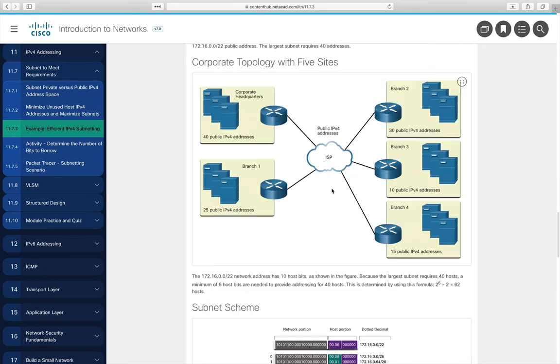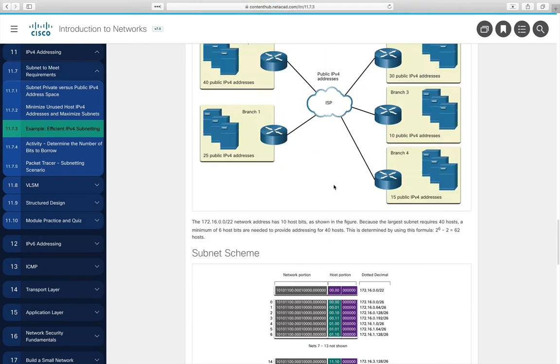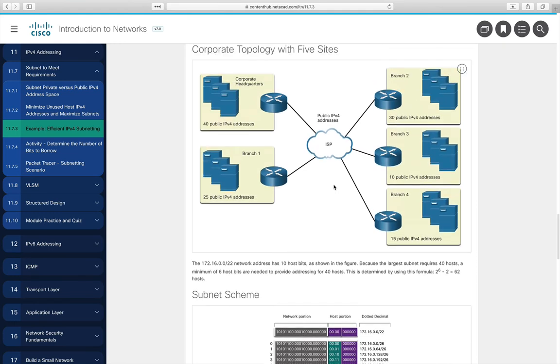deal with as well. So basically what's going to happen is we take the biggest subnet that we need, which is 40. We plug into the formula 2 to the n minus 2 needs to be greater than or equal to 40 for the smallest possible value of n that satisfies that.